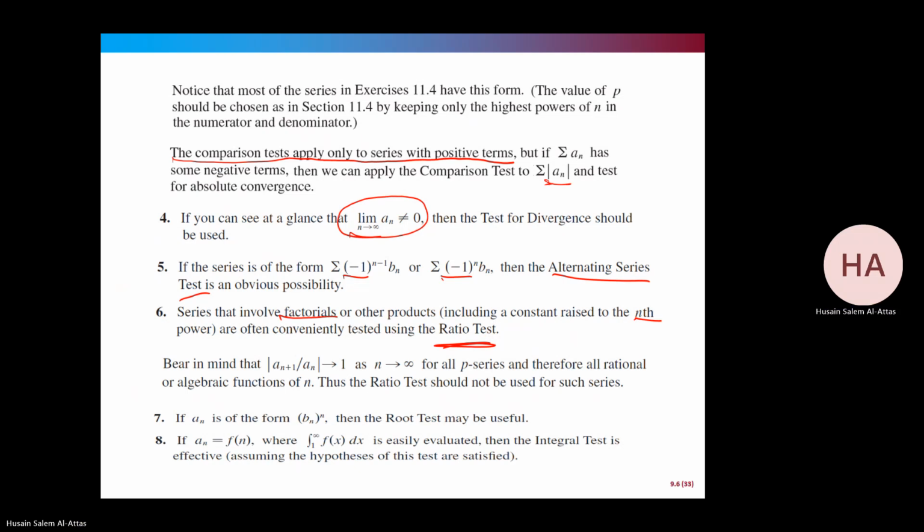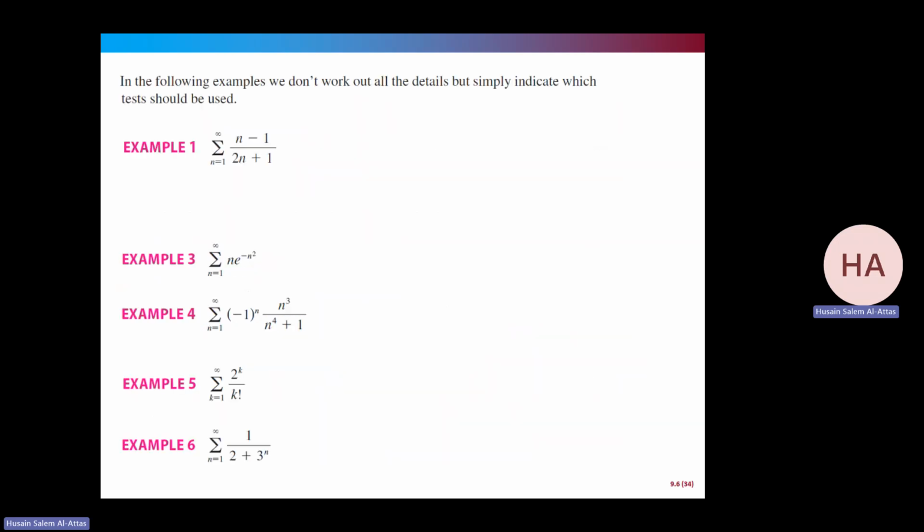But if the limit goes to 1, then it will give you nothing. If it is in this format, then I need to think about the root test. If a_n equals f of n, then I need to think about the integral test, where I can find the integration. Yeah, in this problem, I just want to check which method we should use.